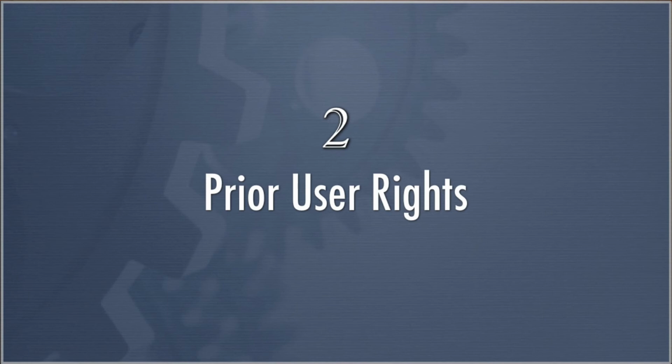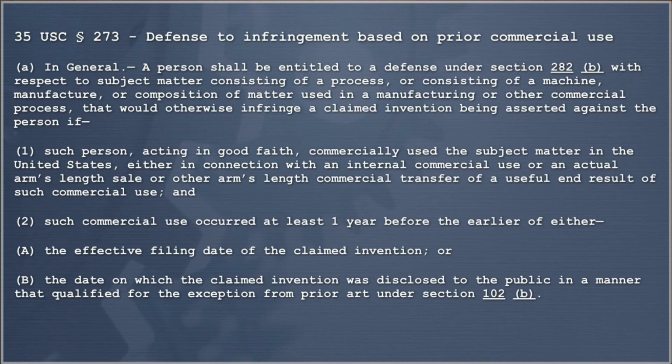Finally, return to prior user rights, which is a relatively recent emergence of a defense to patent infringement, right? There's been a prior user rights defense that was instituted in the early 2000s. That, however, was directed solely to business method type claims.